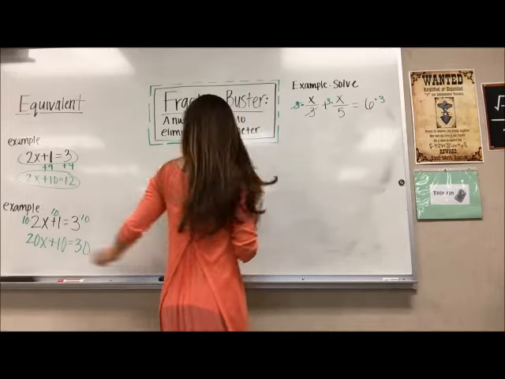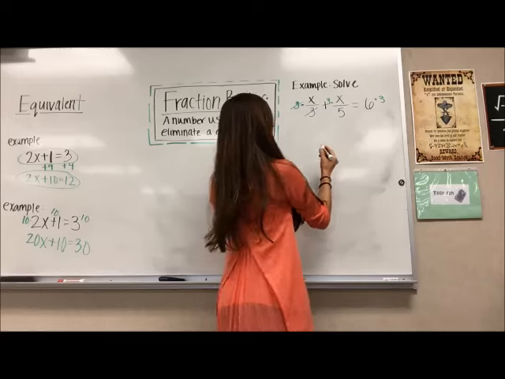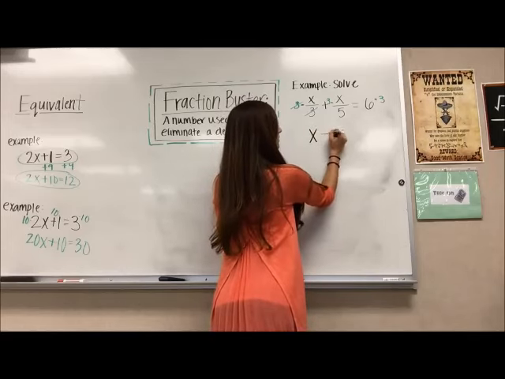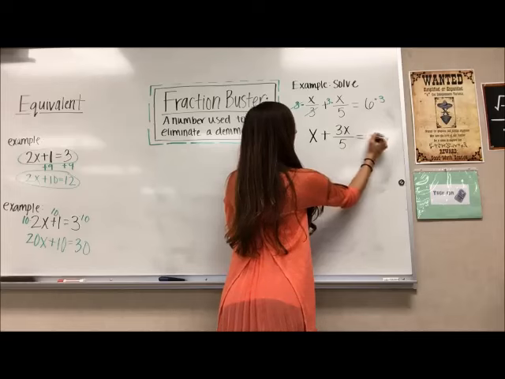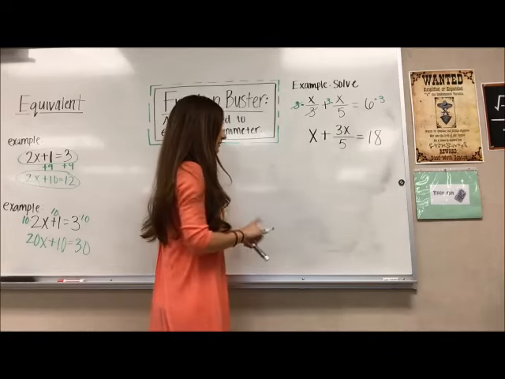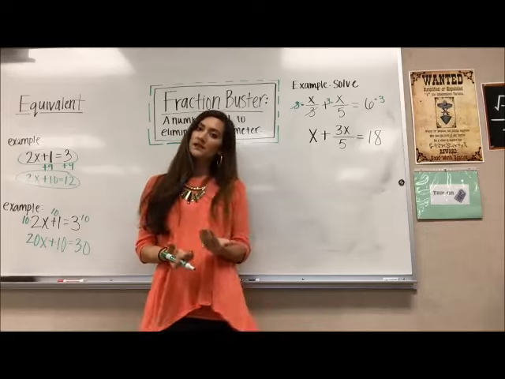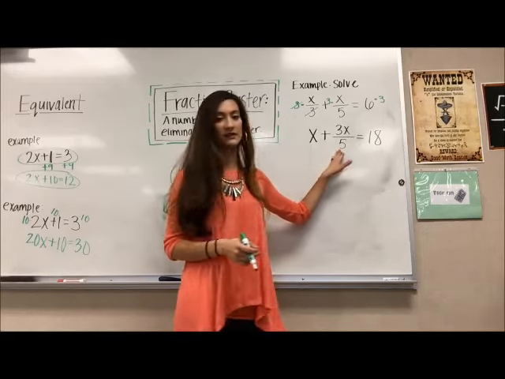So what we should have left over is x plus 3x over 5 equals 18. Okay, but there's still a problem here because we still have a fraction.